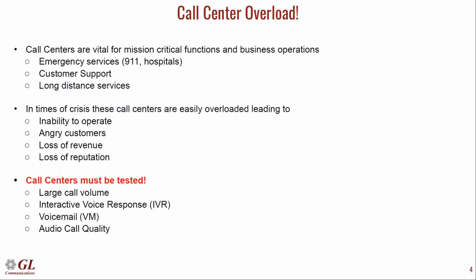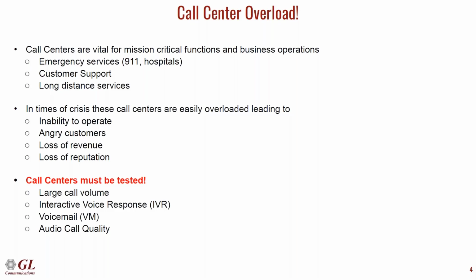Okay, so here's the big premise of today's webinar. Call centers can be easily overloaded. Call centers are extremely vital for a lot of different companies, organizations, industries. A few examples are emergency services like 911 and hospitals. But then you also have plenty of other industries that rely on call centers.